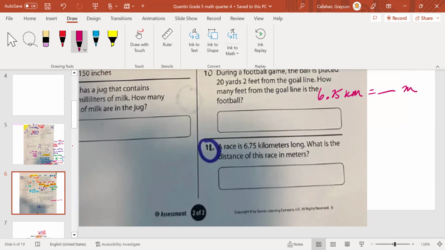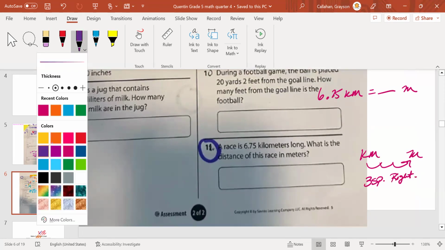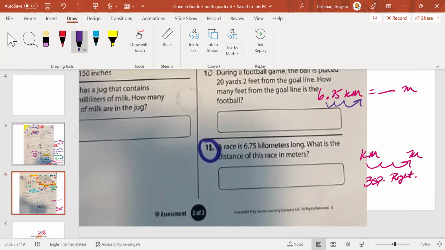So you're gonna move your decimals to the right or to the left? Kilometers right here, meters right here. You're gonna go 1, 2, 3 to the right. 3 spaces to the right. So let's move it. 1, 2, 3.